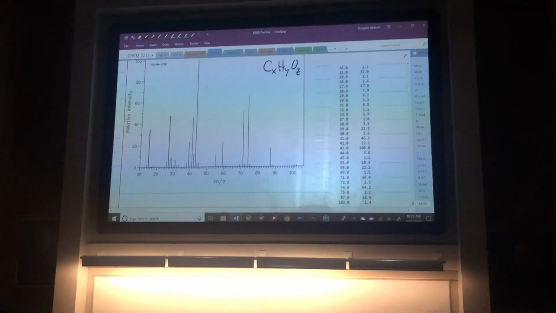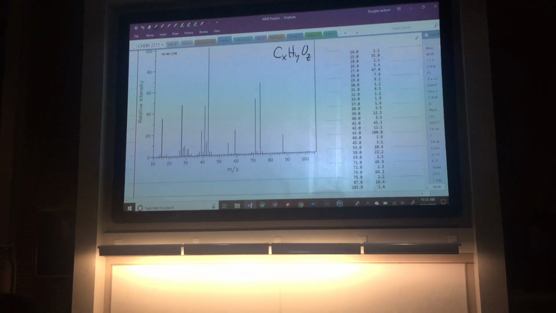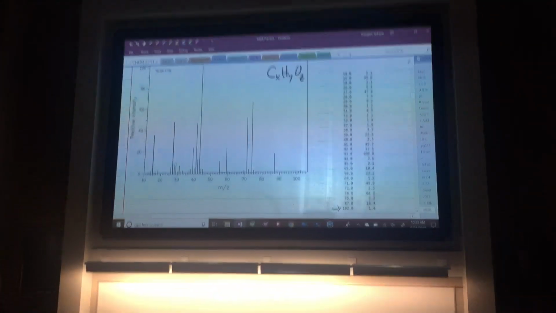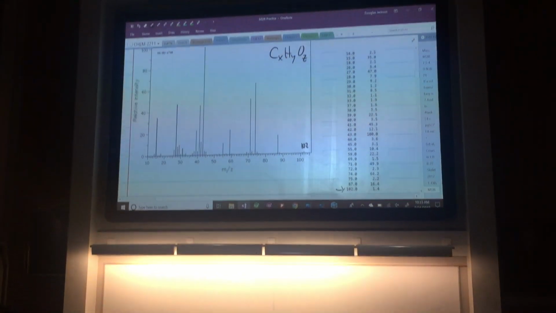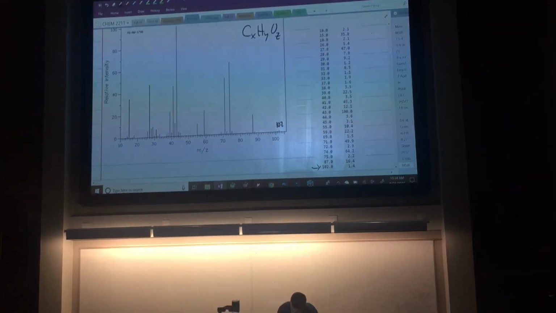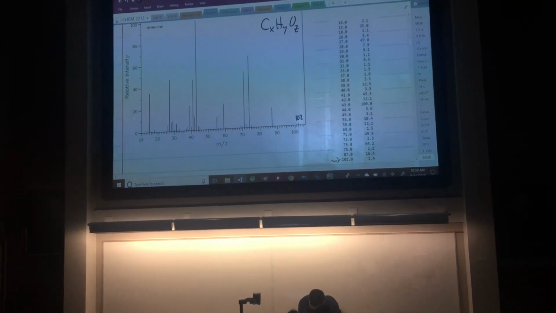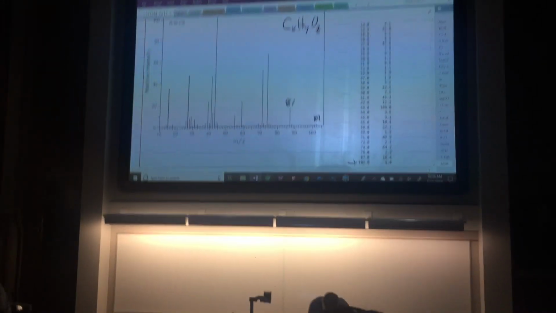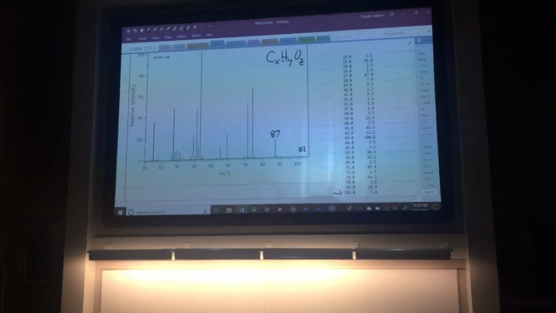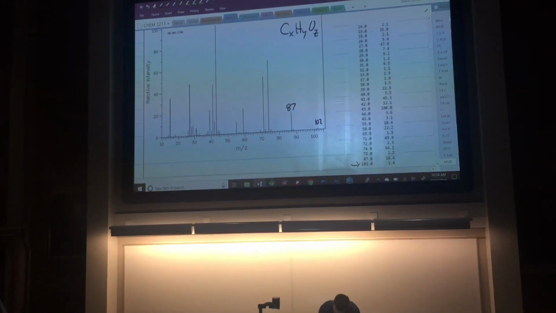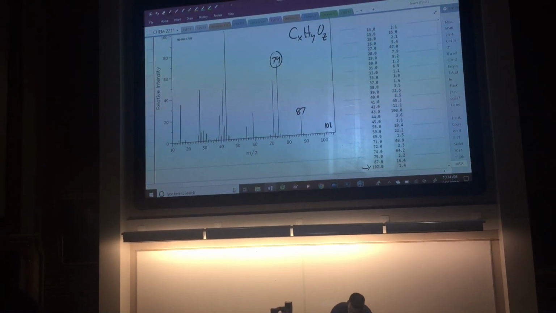Looking at our list of masses, the highest mass that registers is 102. The next highest mass that registers looks to be 87. Okay, and then 74, ding, ding, ding, that's even.